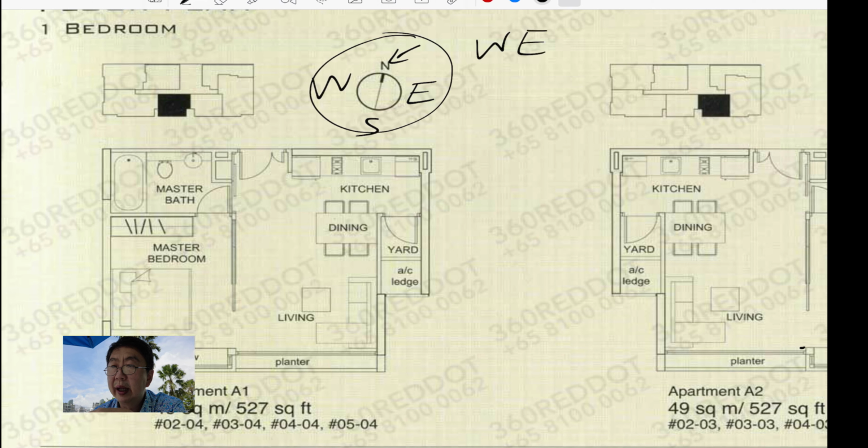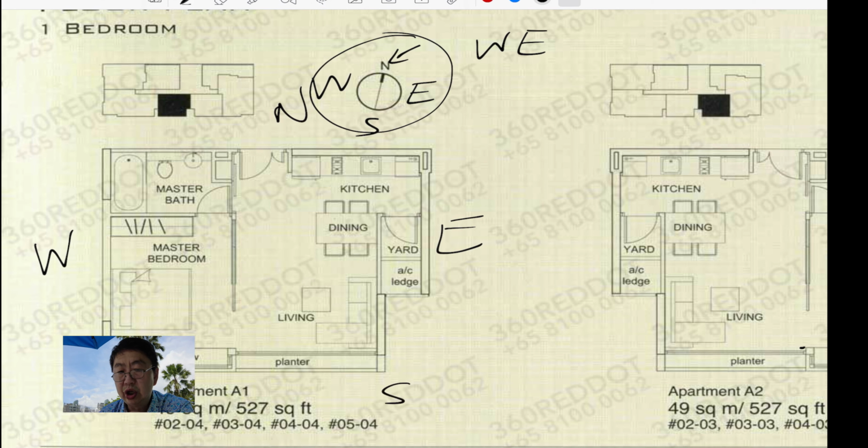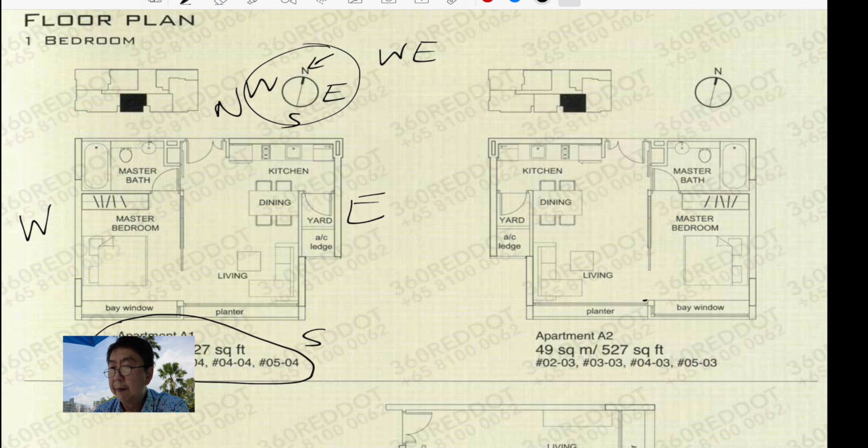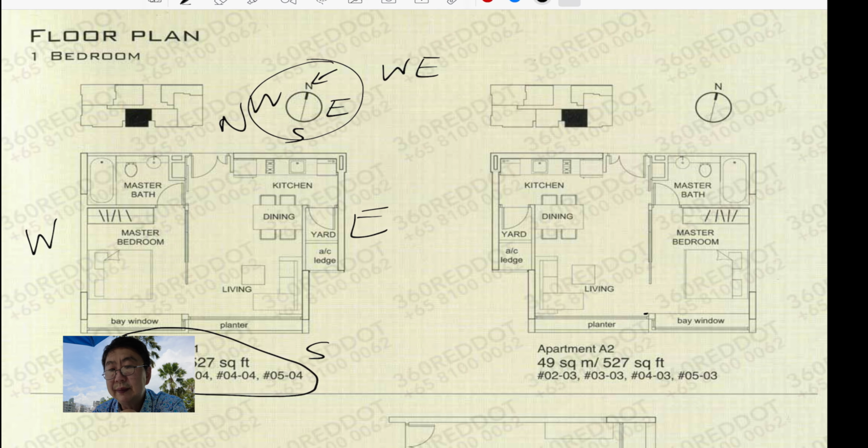Just remember west is always on the left and east is on our right. For this unit itself, west will be here and east will be here, and then north and south of course. The general information of this floor plan, the sizes, is mentioned over here.